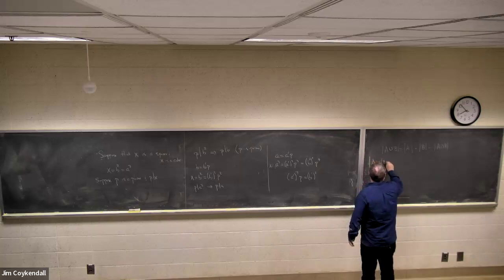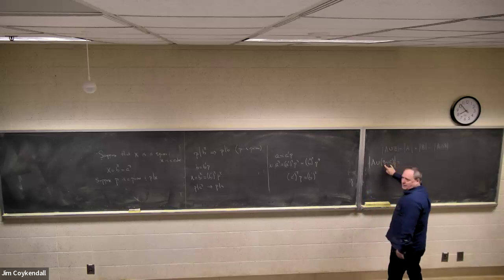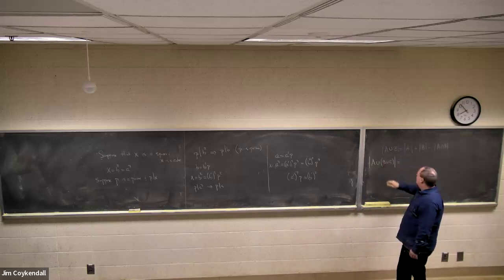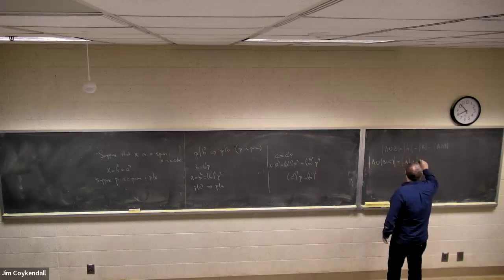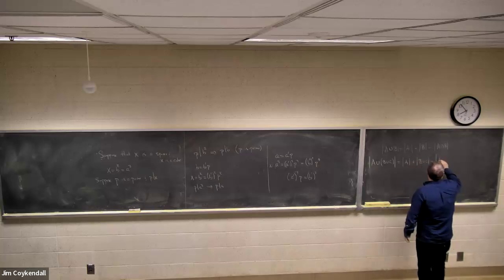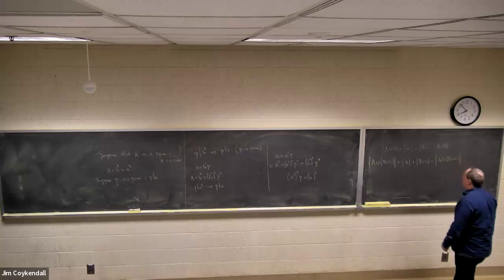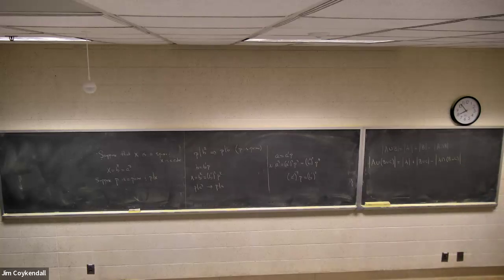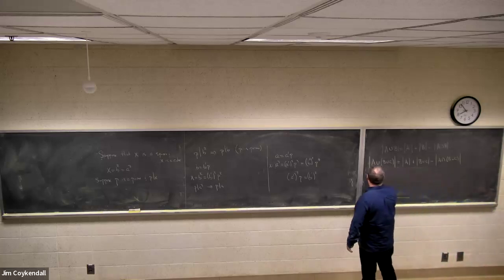This is another kind of inductive argument. Replace B by B union C. It's just the same formula, just applied to the set B union C. So let's see what comes out of this.